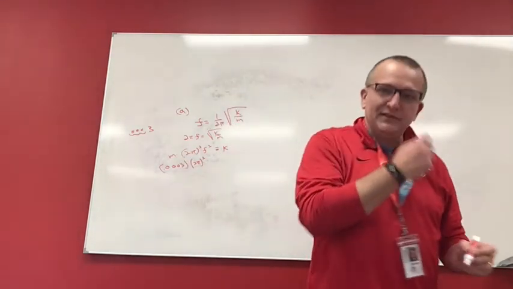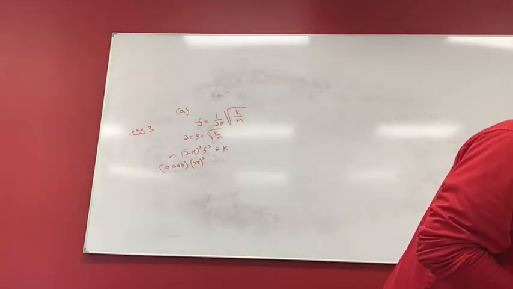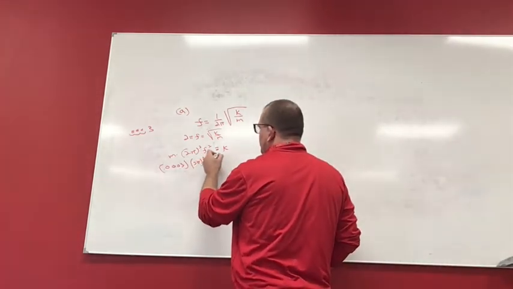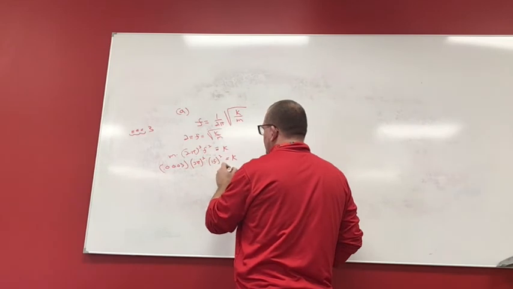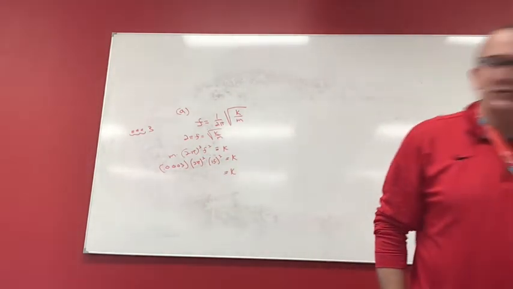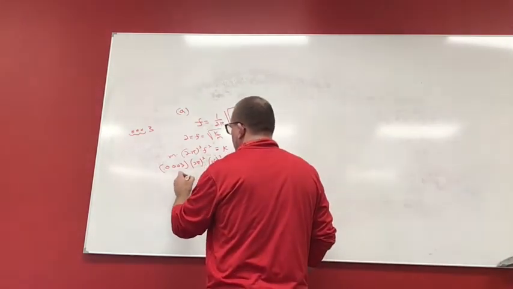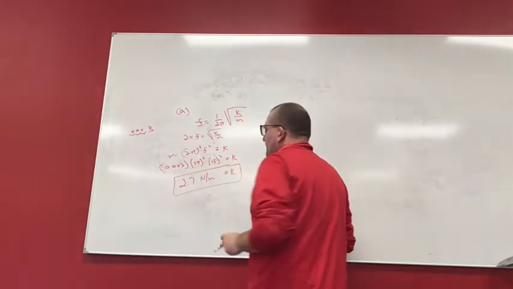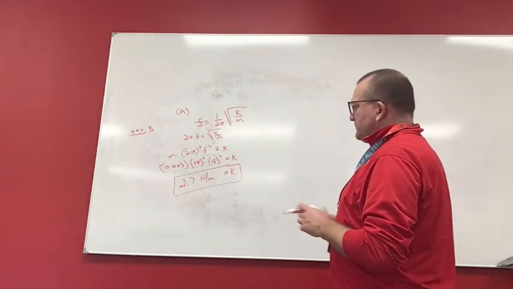And the frequency in the problem is 15 hertz, so 15 hertz squared. So I put all those in my calculator, and I get 2.7 newtons per meter. So that's my spring constant.